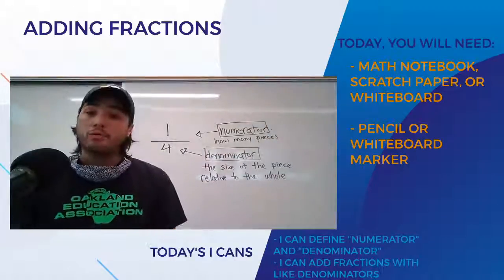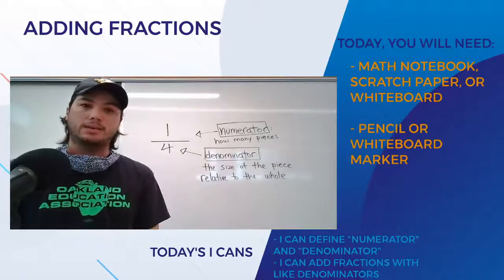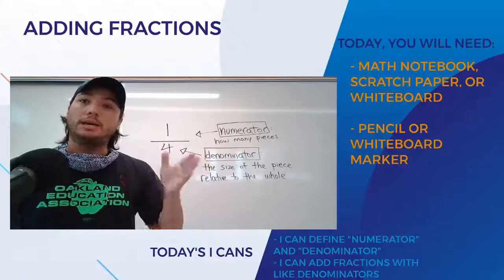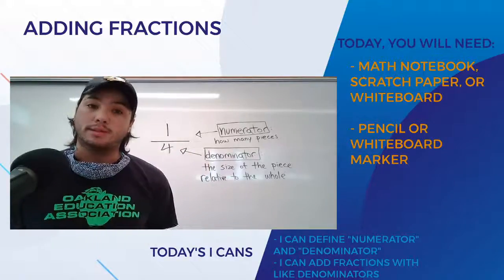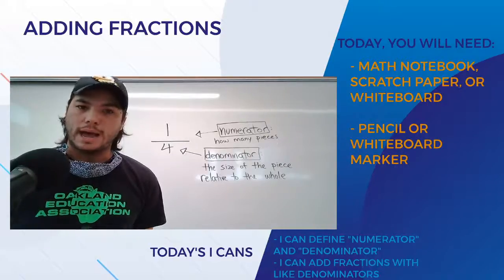And then on the bottom, we have our denominator. That's the size of the piece. That's letting us know we have our whole amount, our whole quantity. How many equal pieces is that quantity divided into? And then the numerator lets us know how many of those pieces we have.